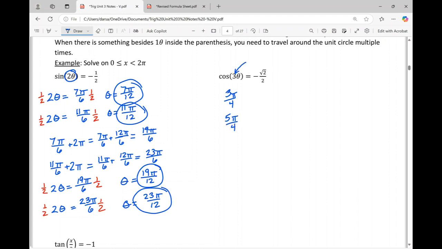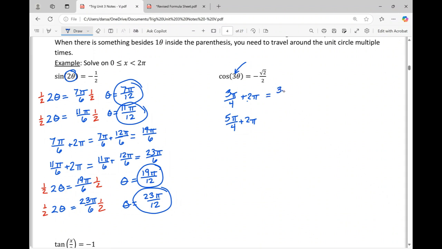Because we have a 3 here, we need to go 3 times around the unit circle. We need to pick up everything that is a multiple of 3 pi over 4 or 5 pi over 4 as we go around the circle 3 times. So this is our first pair, 3 pi over 4 and 5 pi over 4. Now we add 2 pi to both of these and get our second pair.